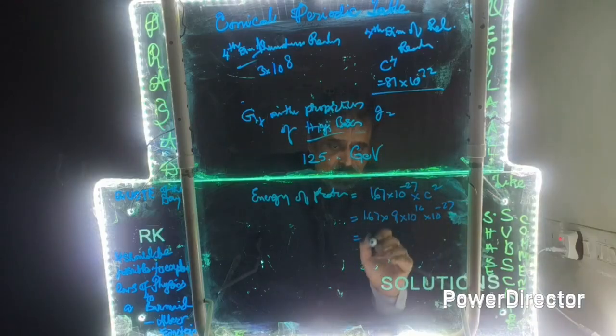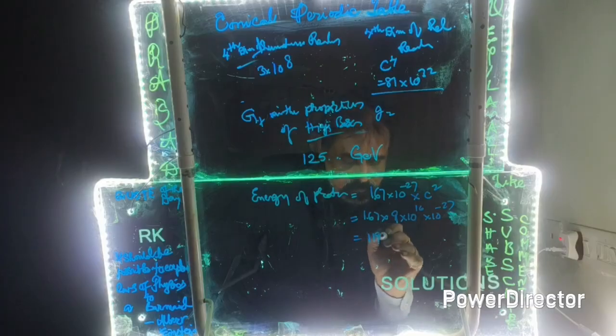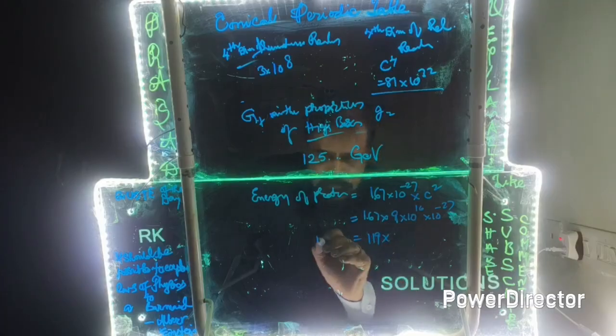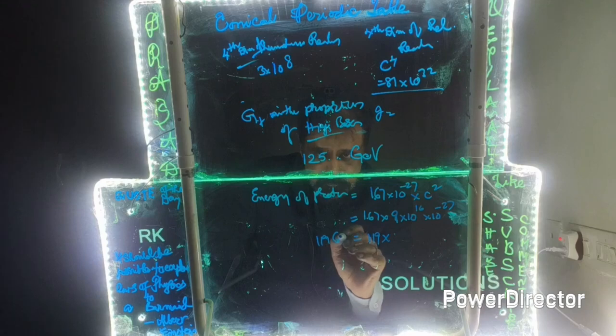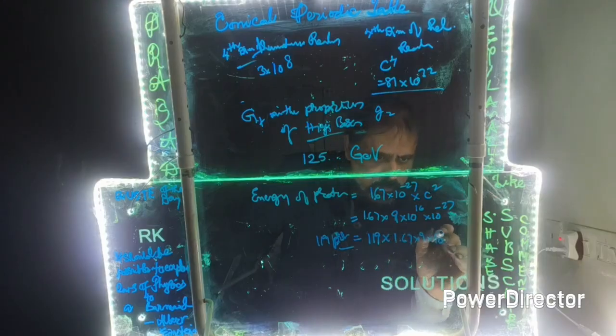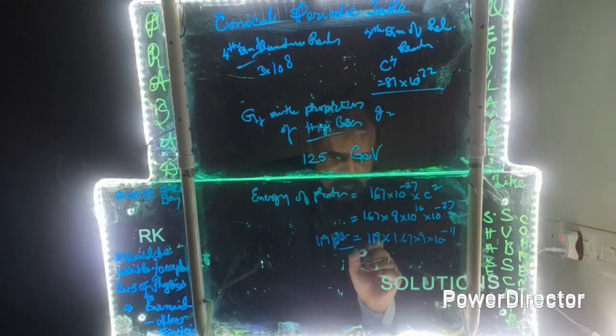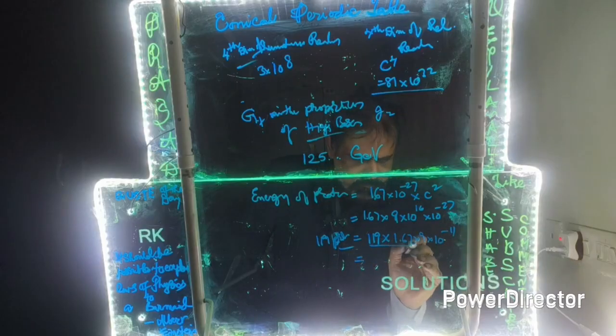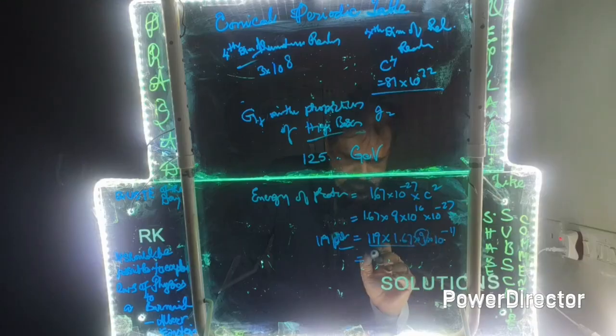If you take 119 such protons, it will become 119 into 1.67 into 9 into 10 raised to minus 11, which is nothing but about 200. 200 into 9 is 1800. 1800 into 10 raised to 11.